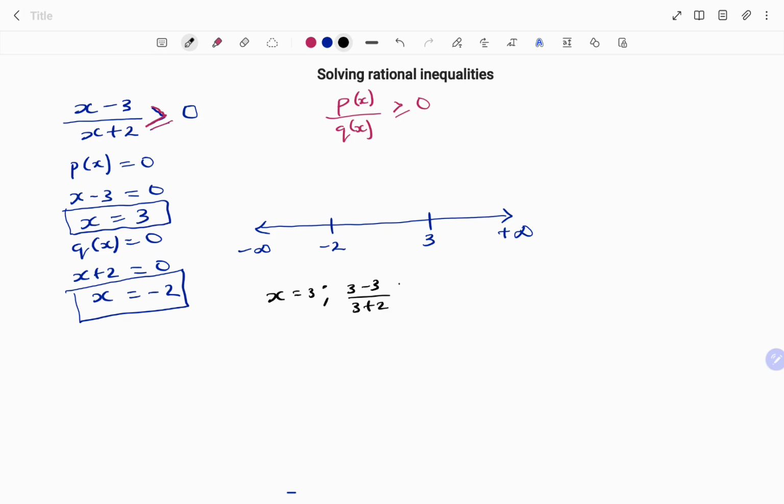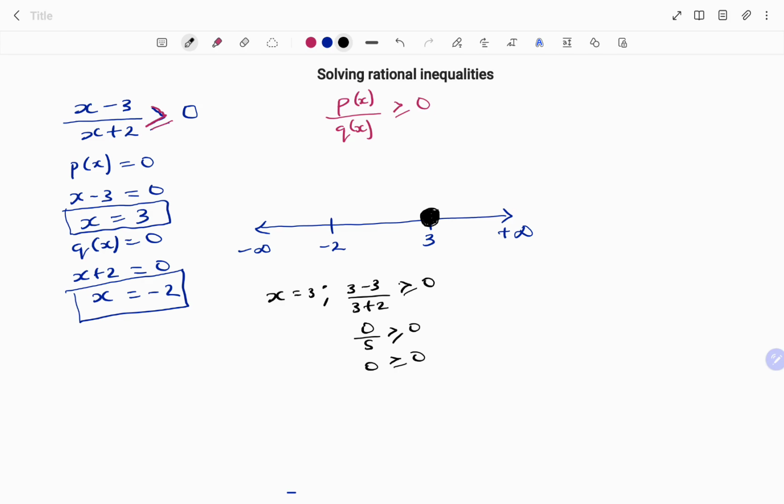That's 0 over 5 greater than or equal to 0, which gives us 0 greater than or equal to 0. Because it's true, this is a solution, so a circle is going to be shaded.